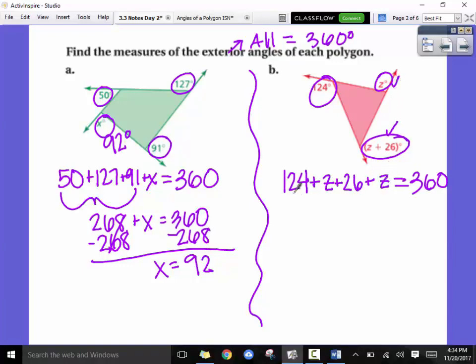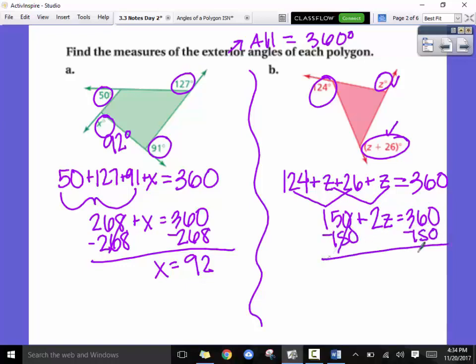I'm going to combine like terms. 124 plus 26 is 150, plus I have z plus z, which is 2z, equals 360. I need to first solve for z. Subtract 150. So I have 210 equals 2z. Divide by 2. And z equals 105. But then it said for each exterior angle.